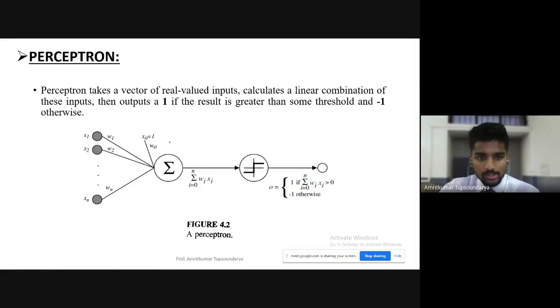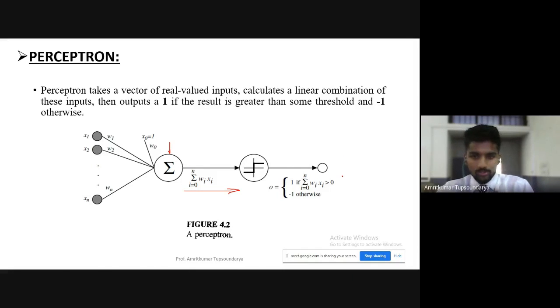So this is a perceptron which takes a vector of real valued inputs and calculates a linear combination of these inputs. And once it calculates, what is the output that we get? The output is 1 if the result is greater than some threshold.